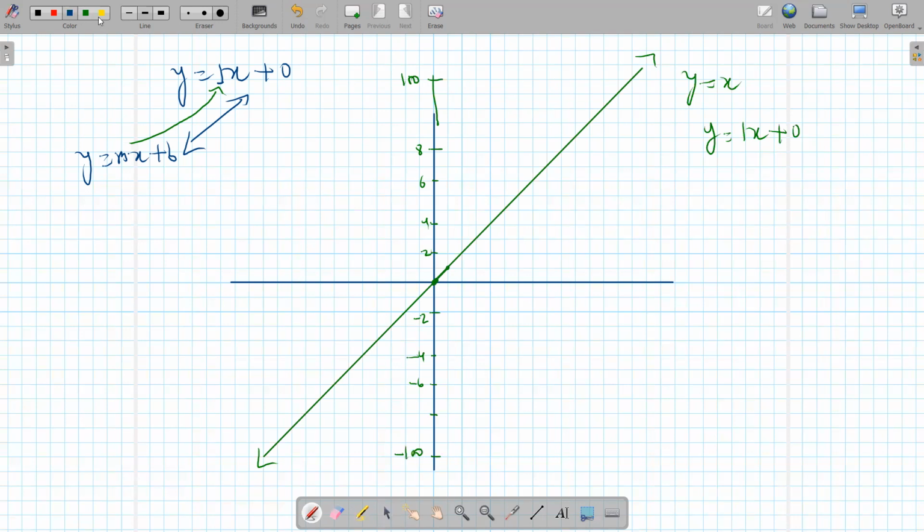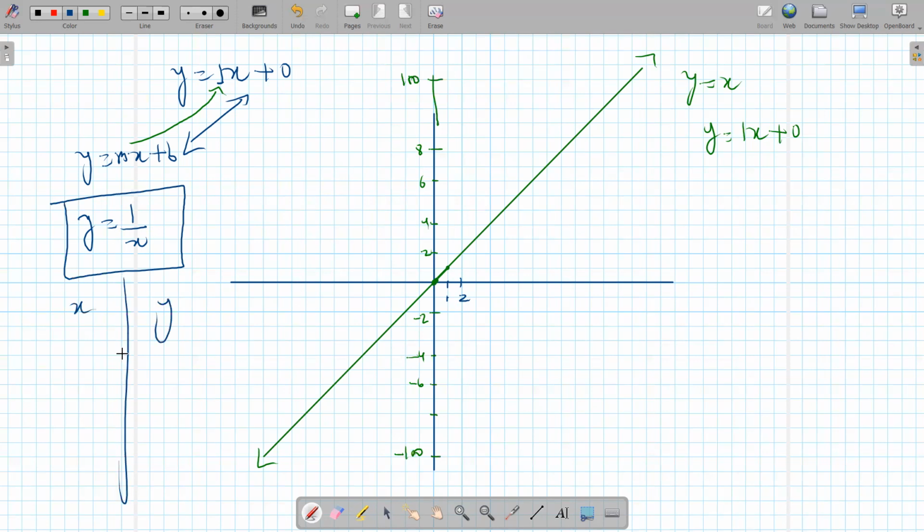Now we're gonna try and graph y equals 1 over x. How does that work? You see this? There's an x value of 1, yeah? So we're trying to plot 1 over x. What's 1 over 1? 1, right? This is called a reciprocal function because it's flipped. x was on the top, now x is at the bottom.